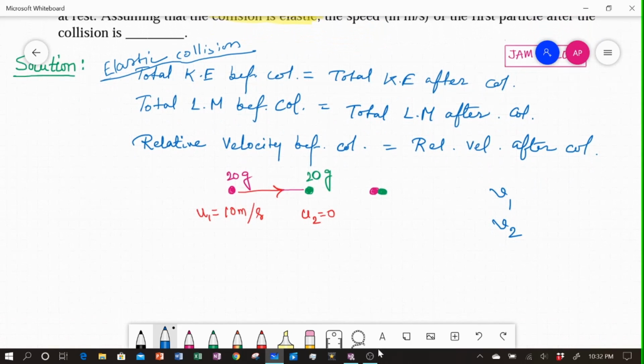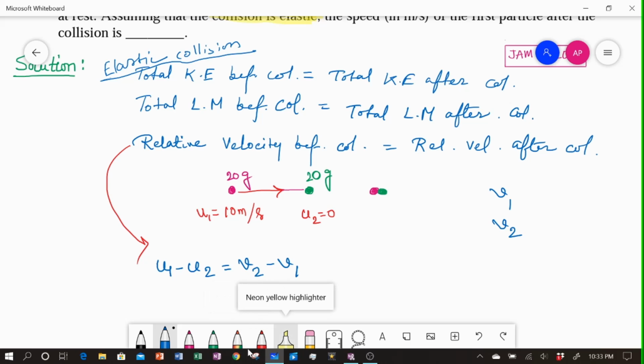Okay, so from this, that is from the relative velocity formula, we have u1 minus u2 equal v2 minus v1, right? Because the relative velocity before and after collision are equal.